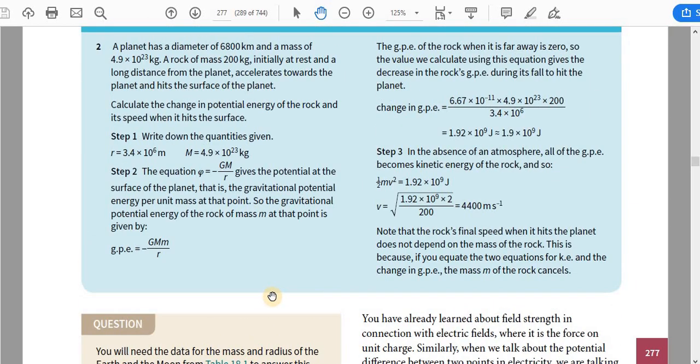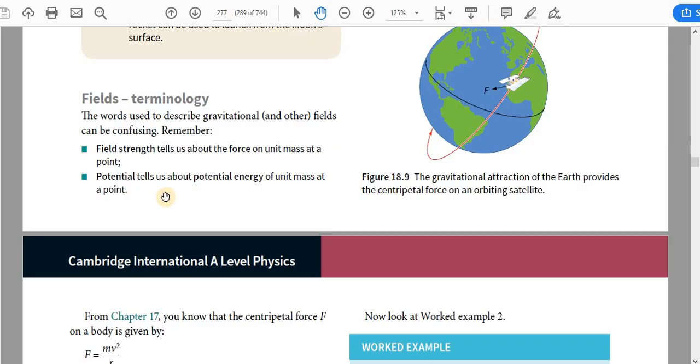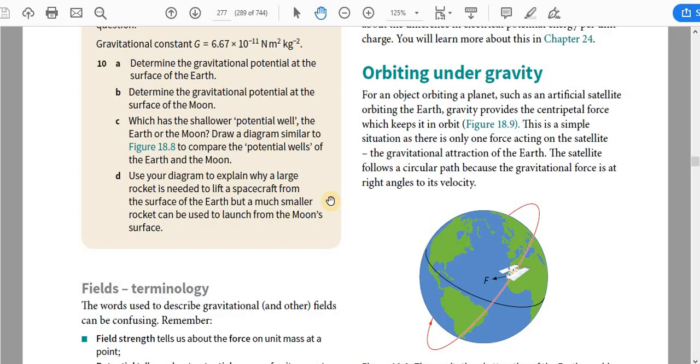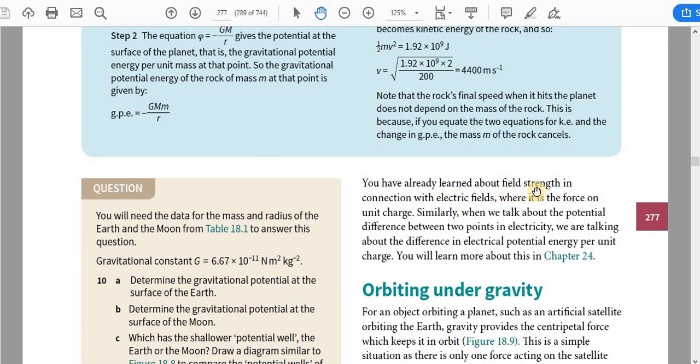If you remember the definition of gravitational potential, you will see it is the gravitational potential energy of a unit mass at a point. Then you have already learned about field strength in connection with electric fields, where it is the force on a unit charge. So capital E is equal to F over Q. You remember when you learned about electric fields, you learned two equations for electric field strength: E equals F over Q and E equals V over d. So electric field strength, like gravitational field strength, is given by force per unit charge.